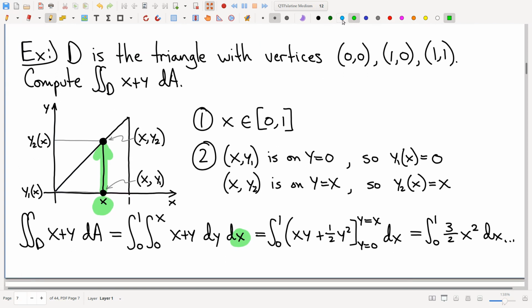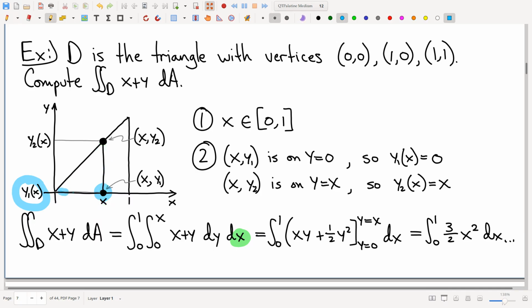Okay, well, let's see. The lower bound for y comes from that point. As I go through this in the y direction on that x slice, I start here and I end there. So my starting point is that point. Let me clean up the mess a little bit.